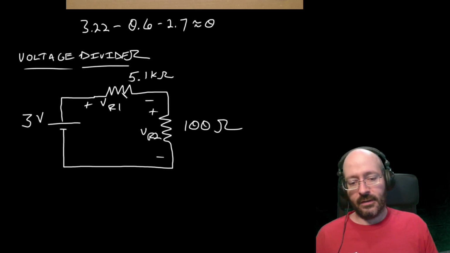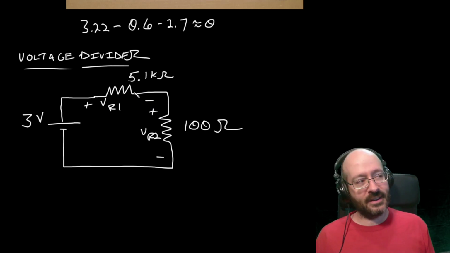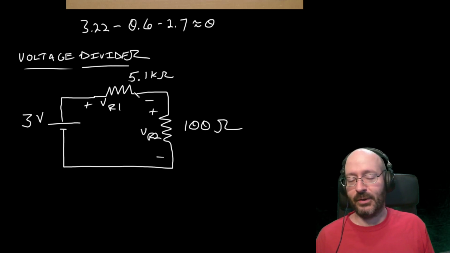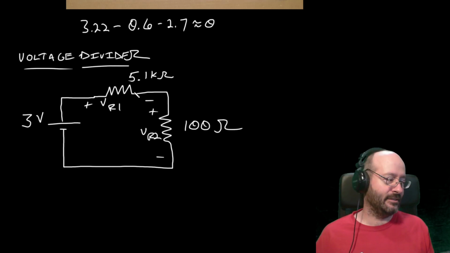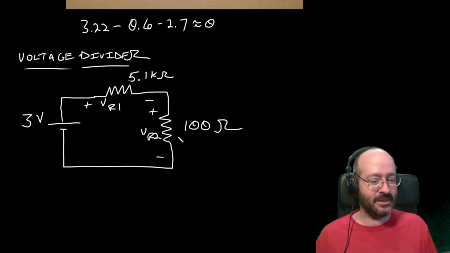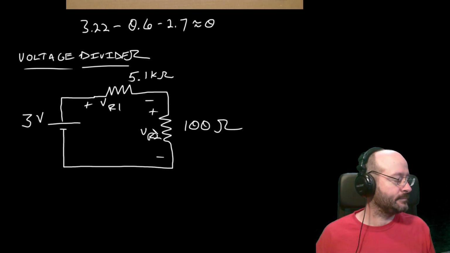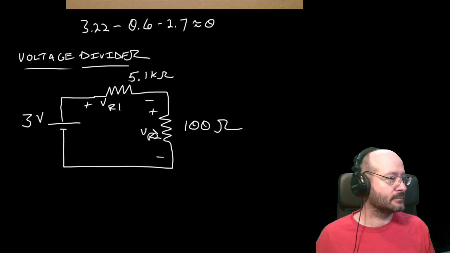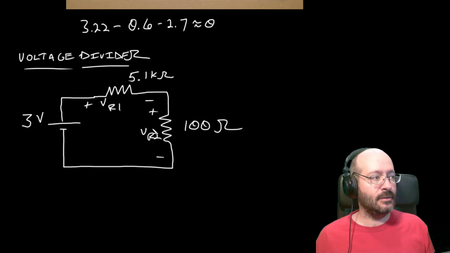Okay, so how are the two resistors connected to each other? See what I'm doing? I'm quizzing you on yesterday. Sorry. No grade. So how are those two resistors connected to each other? Do they share a node exclusively? Do they share the same two nodes?